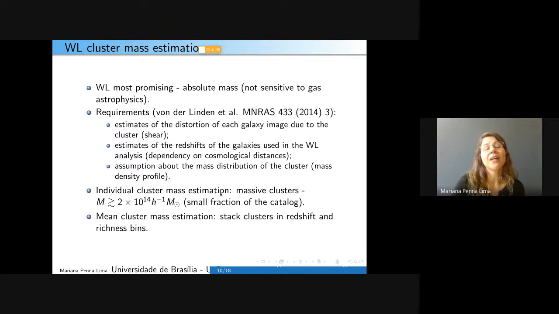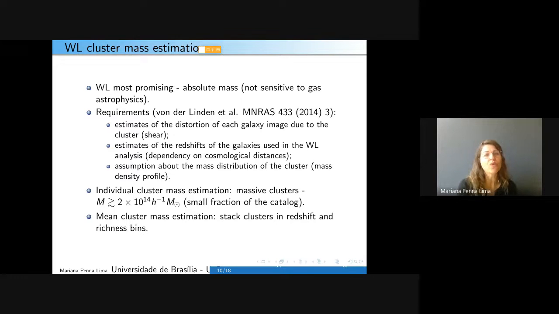And for cluster cosmology, to obtain cluster mass estimation, we also have different methodologies. We have a stacked approach, a methodology where you combine the signal from different clusters.